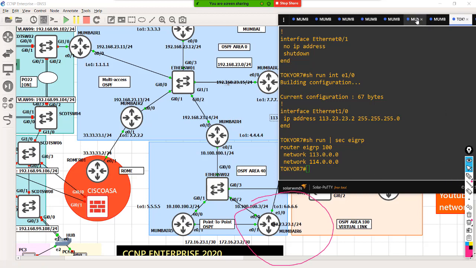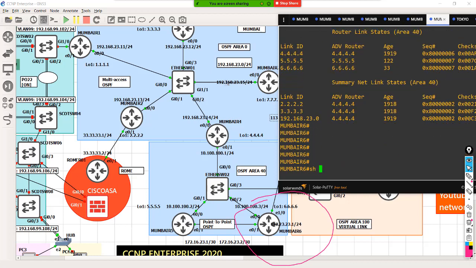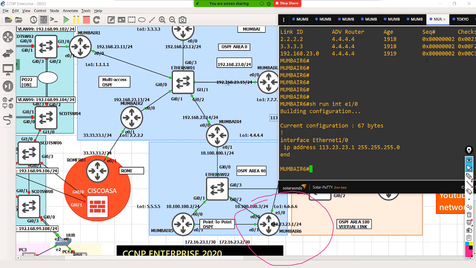So let me go to Mumbai 6, because I need to pull those EIGRP routes and inject them inside OSPF. Okay, so as of now I only have the interface IP, show run interface E10/0, which is facing towards EIGRP, or towards the Tokyo router.